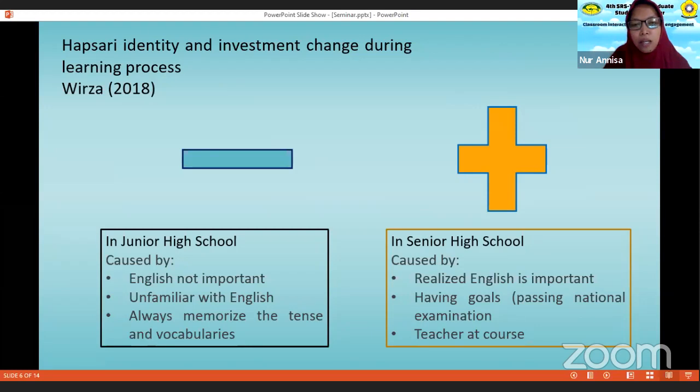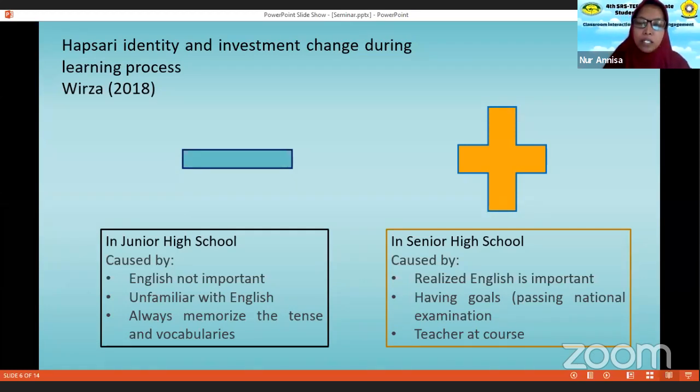She had no idea about English and was also unfamiliar with it. What caused this, Hapsari said, was that the teachers in the classroom never used English. The teacher always wanted the students just to memorize the tenses and vocabularies. So teachers just taught the students what is a noun and what is a verb.